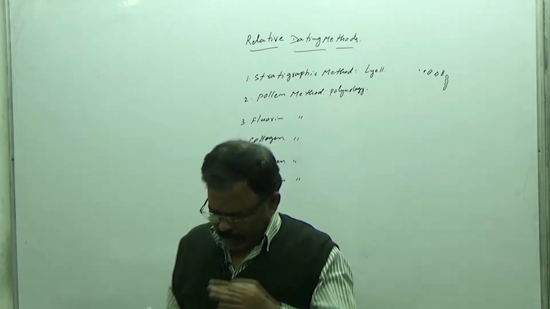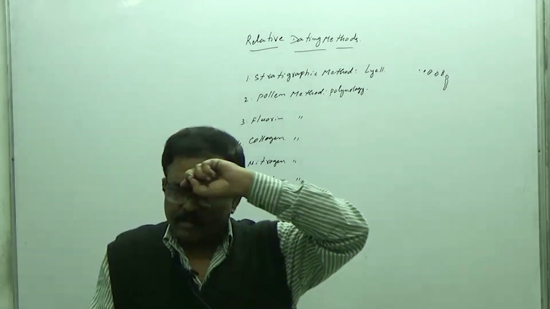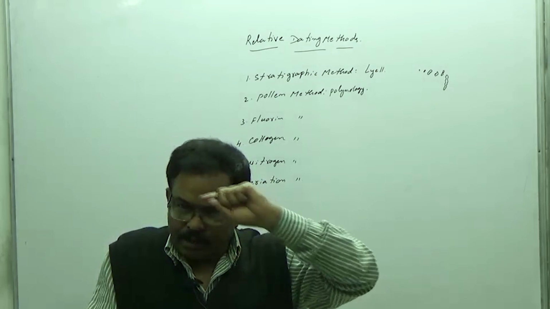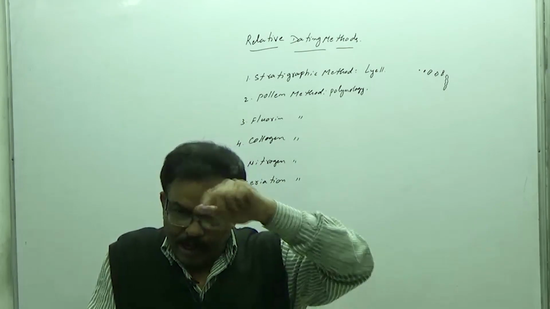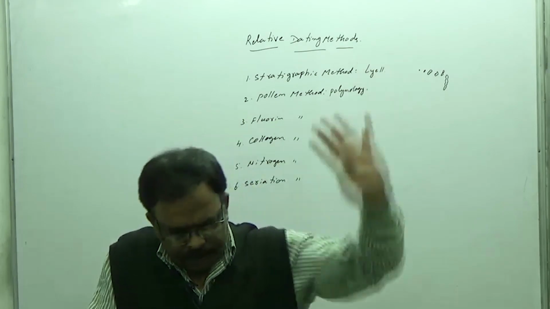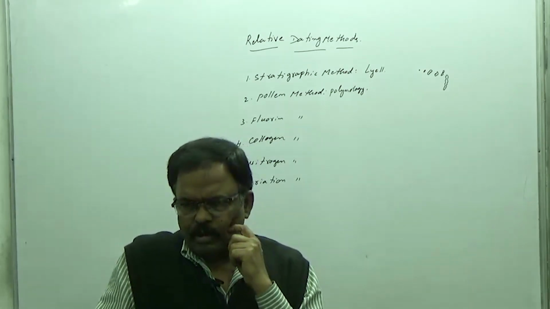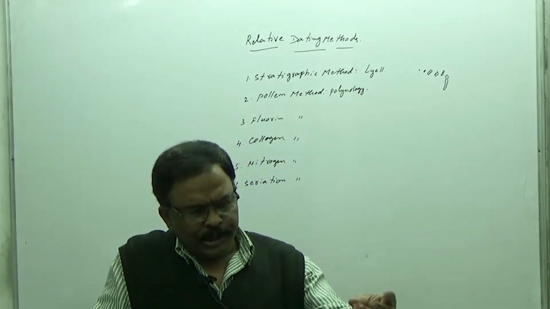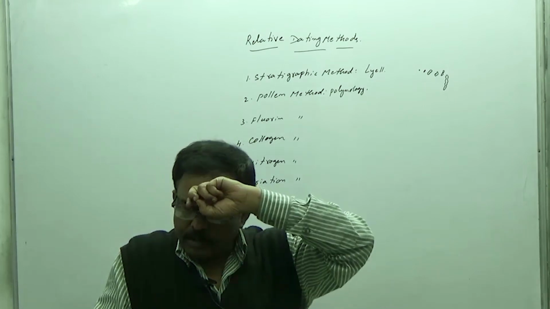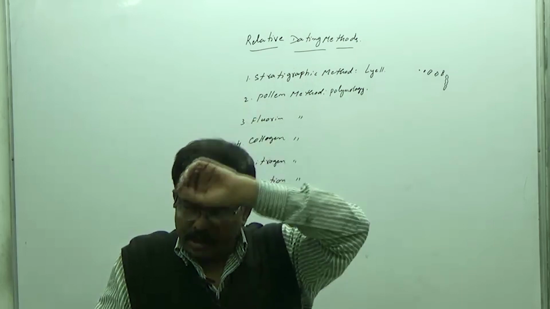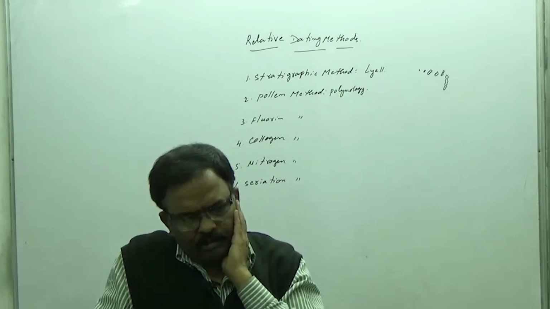In each and every species, the pollen grain structure, length, thickness, width, these are all different. That means after seeing the pollen grain itself, we can say, this is a jasmine, this is a rose, this is another, something like that.